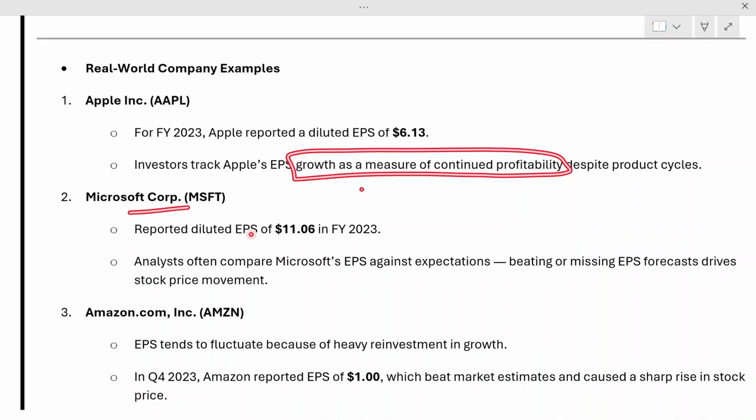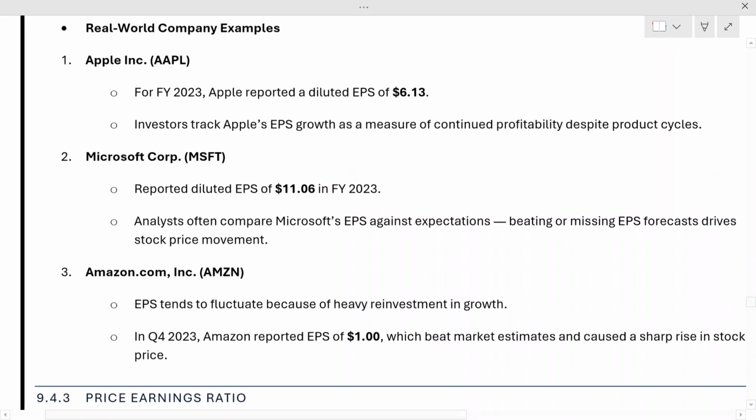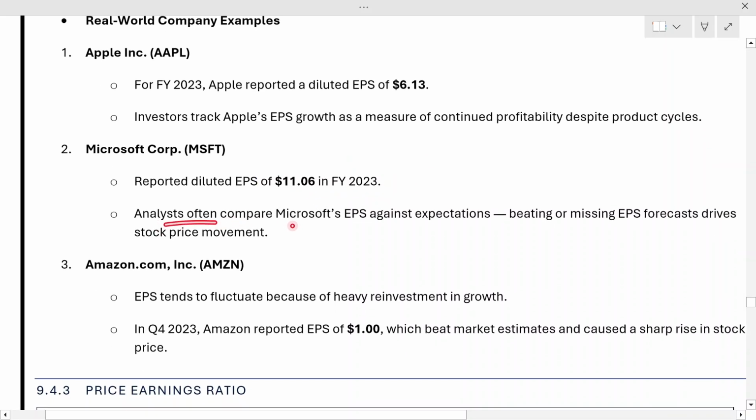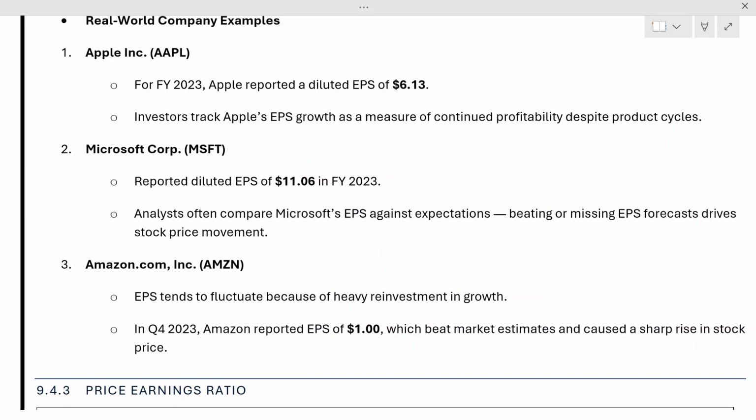If we see Microsoft, they have a diluted EPS of around $11 in FY23, and analysts often compare Microsoft's EPS against expectations. Before the announcement of annual results, Wall Street and other analysts do an analysis, and based on their analysis they think whether the EPS will be $12, $15 or whatever, and based upon that expectation they compare the actual EPS on a year on year and quarter on quarter basis.